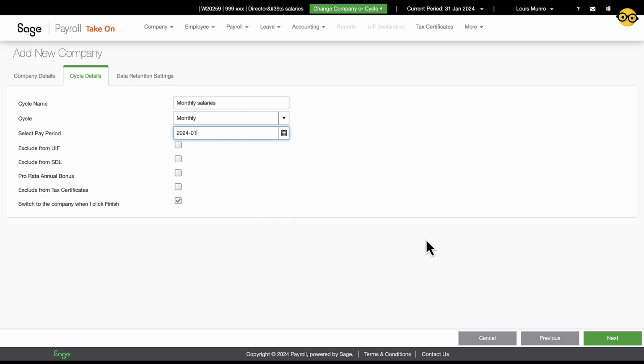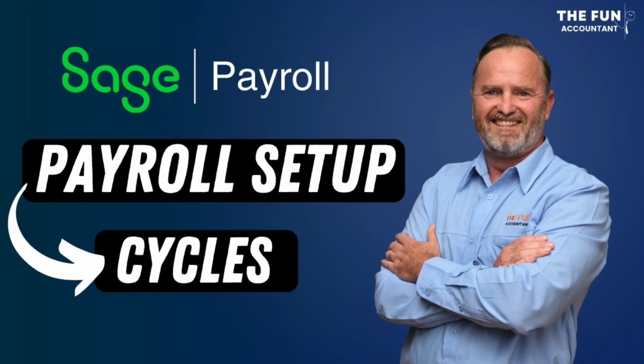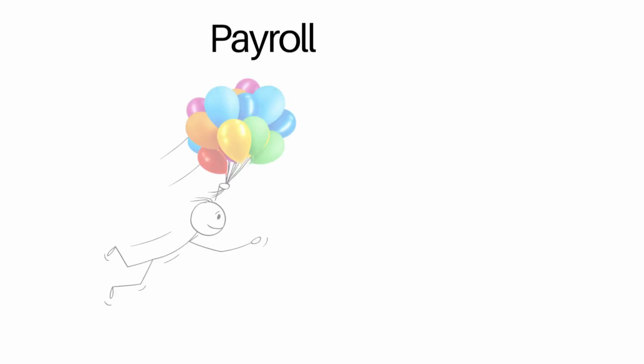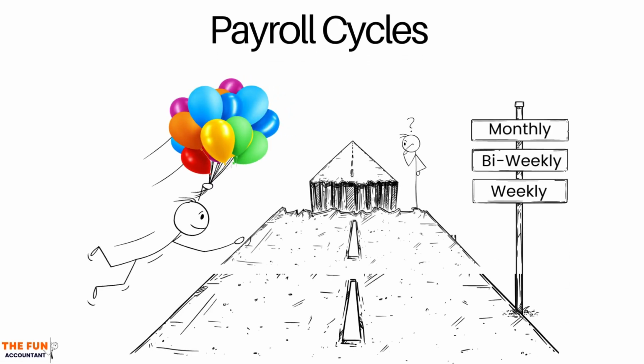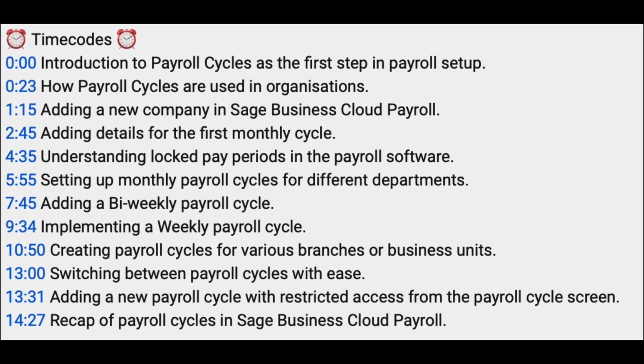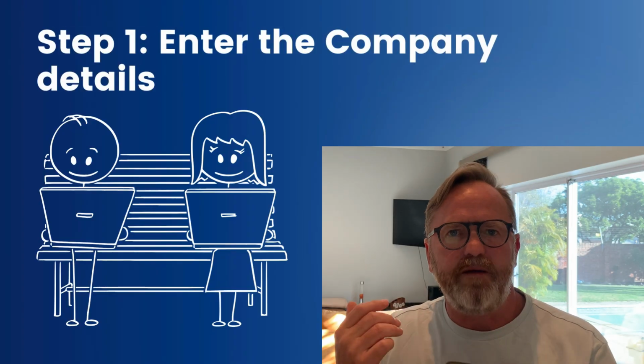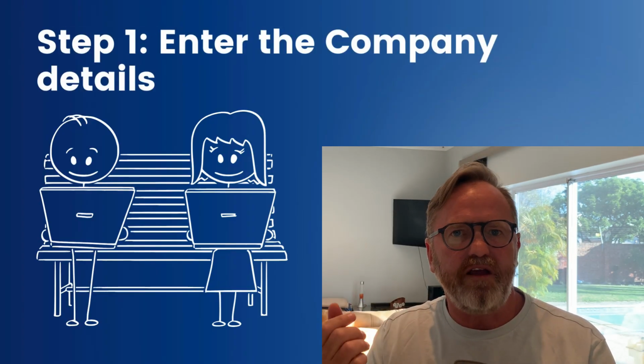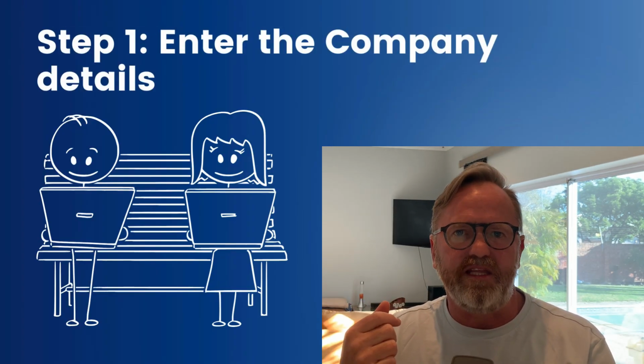If you want to learn more about payroll cycles, what they are and why they're important, check out my previous video. There I explore various payroll cycles and explain how you can implement them in your business. The next step after establishing a payroll cycle is to enter the company details.